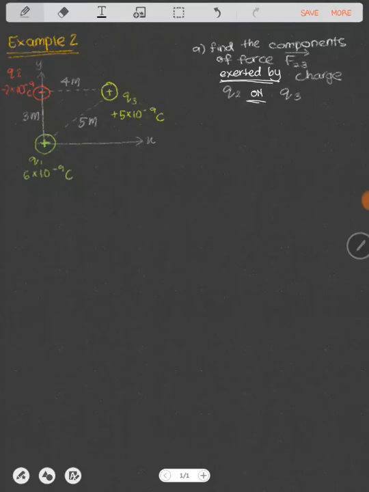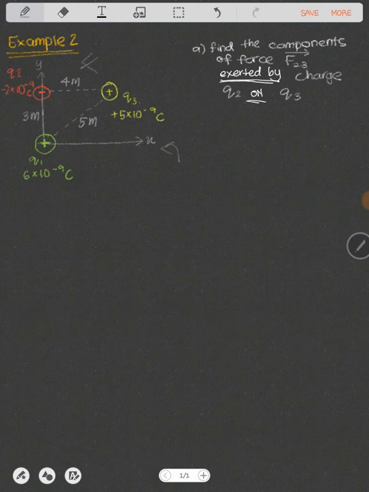Okay, pada example number 2 pula, dia akan memainkan peranan kepada two components, which is x-axis and also y axis. Okay, so the equation gives you two components with three charges, two positive charge and one negative charge.